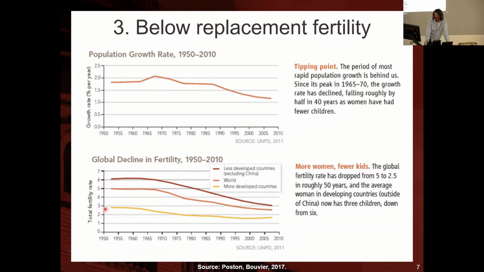And more developed countries as well, they even dropped way below the replacement level, and you see some increases in more recent years. Just by looking at this yellow line here for more developed countries, there are several studies being done by demographers trying to understand the reasons that women are having fewer children, below the replacement level, below 2.1 children per woman.